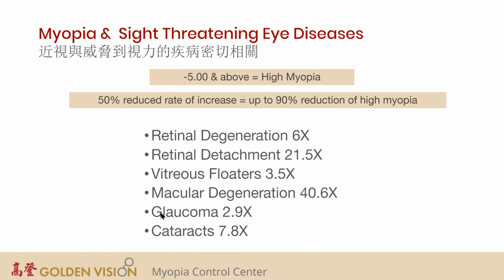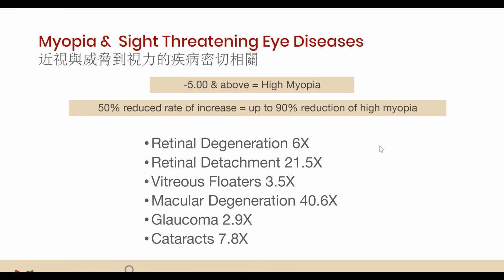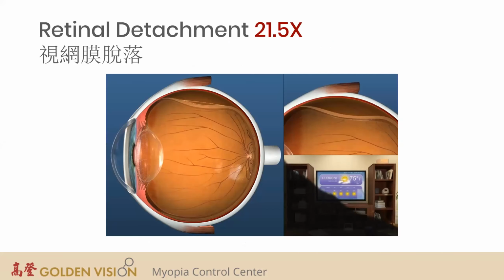Because higher than -5 has statistically shown a tremendous increase in the risk of developing sight-threatening eye diseases. For retinal detachment, which is a detached retina, people with higher than -5 diopters of myopia have a 21.5 times higher risk of having the retina tear during your lifetime, to peel off the back of your eyes, and you could lose a lot.